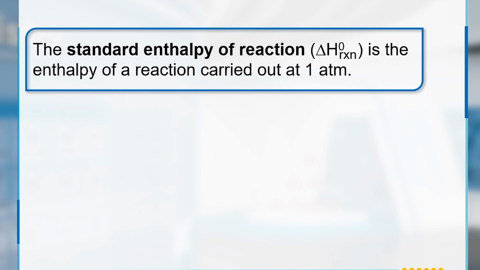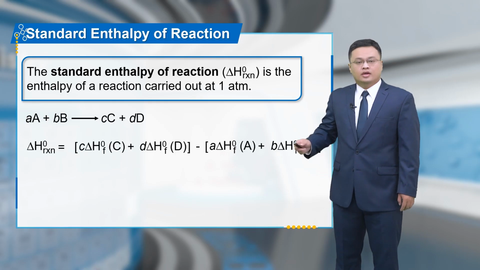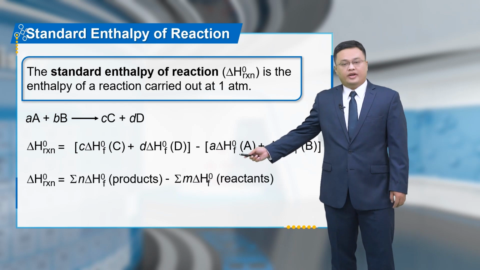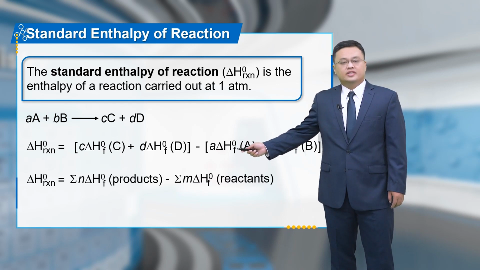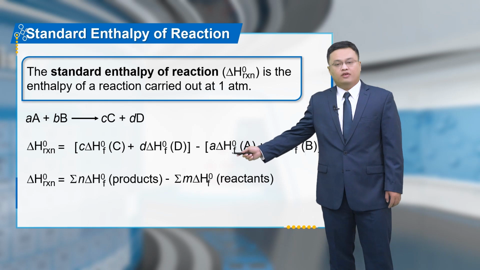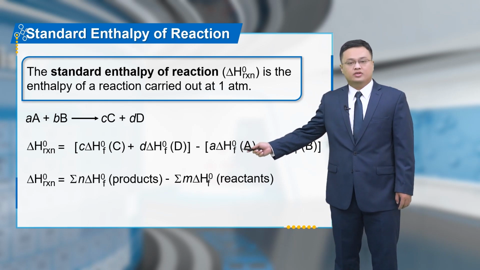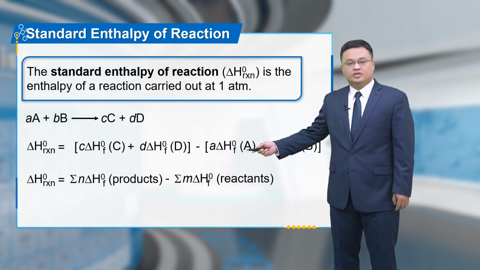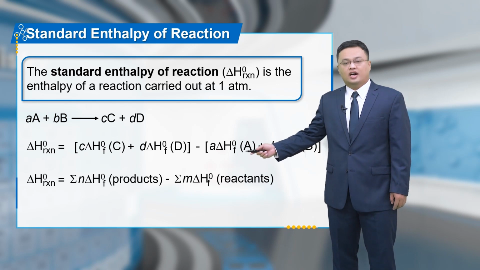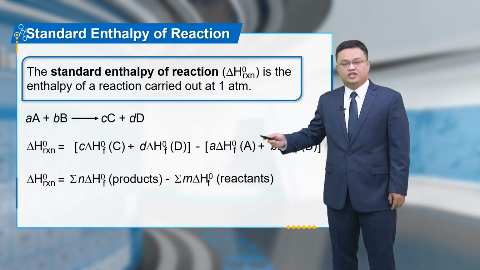Take the following chemical equation for example: a moles of A react with b moles of B to produce c moles of C and d moles of D. The standard enthalpy of reaction is the sum of the standard enthalpies of formation of the products times their corresponding coefficients, minus the standard enthalpies of formation of the reactants times their corresponding coefficients.